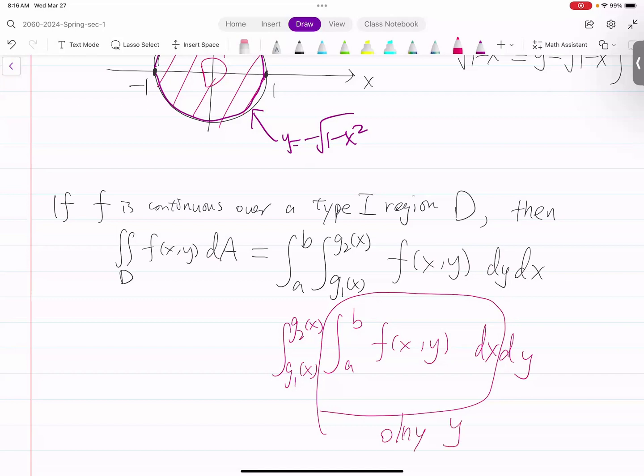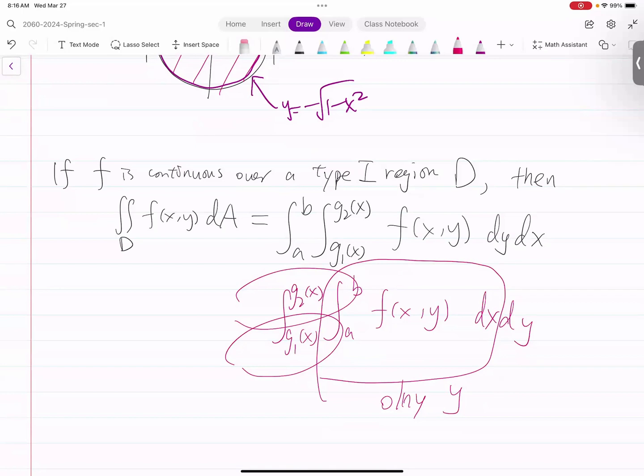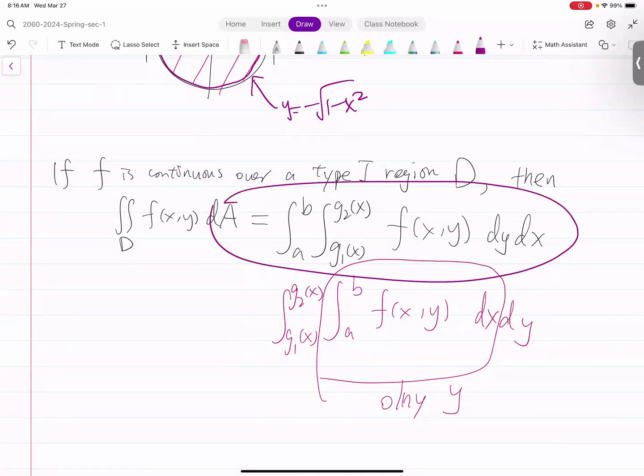But then now you integrate on the outside, so you're integrating with respect to y, but now you have function upper and lower bounds. So the final result will be a function in terms of x. And here, what you get if you do the double integral is going to get you a scalar.